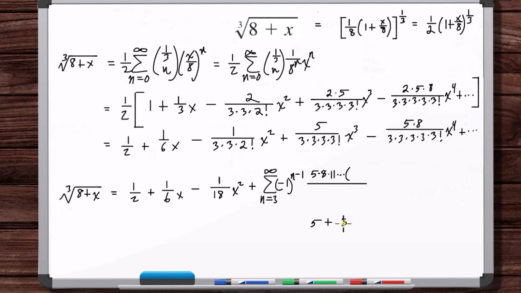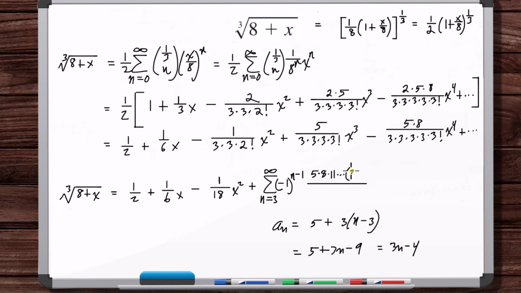Okay, so yeah, it's 5 plus 3 times, what would it be? Would it be 3 times n minus 3? When n is equal to 3, you get 5. When n is equal to 4, you get 8. When n is equal to 5, yeah, okay. So this is a sub n, the nth term. So this is 5 plus 3n minus 9, which is equal to 3n minus 4.